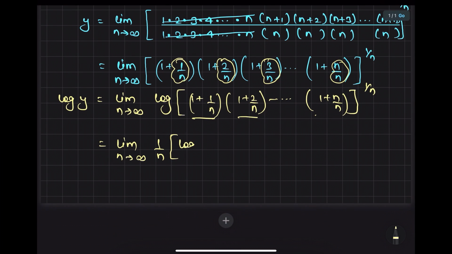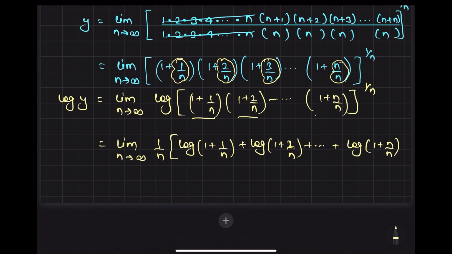So we can write this as log of 1 plus 1 by n plus log of 1 plus 2 by n. Okay, I don't think it's D4, it would be D3. Dot dot dot, we have log of 1 plus n by n.